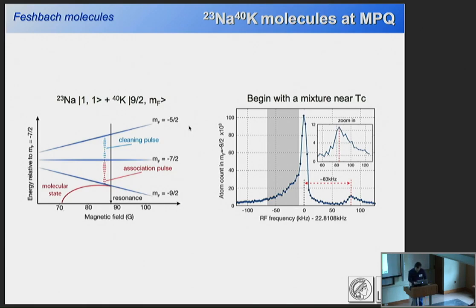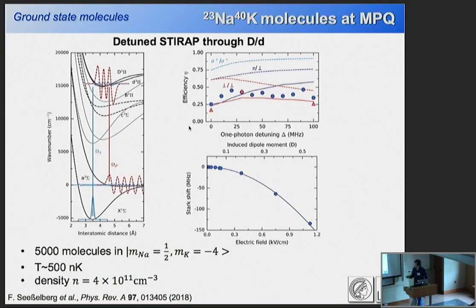We developed a different scheme from the MIT scheme. It is a detuned STIRAP through the excited state manifold. The maximum single-way efficiency of the STIRAP is about 50%. It's mainly limited by laser noise, because the hyperfine structure in the excited state is not resolved in our scheme, so we need to detune the pump light to reduce the excitation loss.